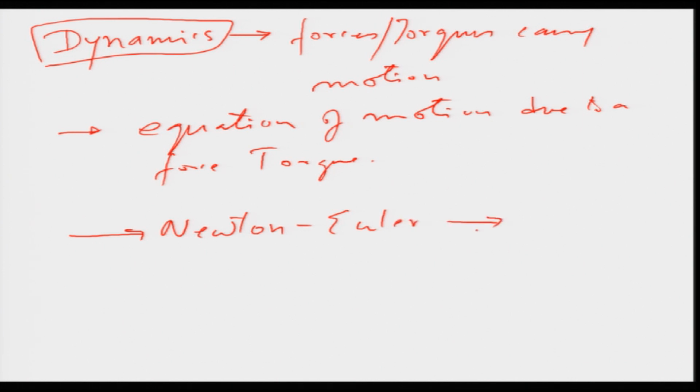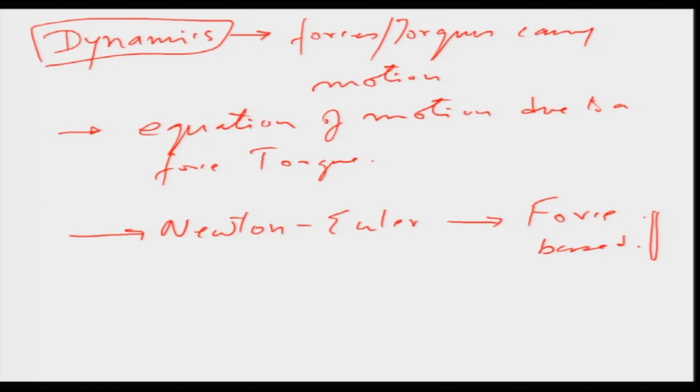Now, the Newton-Euler method is basically a force based method. So, we use Newton's laws of motion, force is mass into acceleration, and move in the outward direction and the inward direction. What I basically mean is I see what are the forces acting at the joints. If I have an end effector force, the forces are going to move backwards and the velocities are going to move outward. So, there are 2 loops, which we call the outward loop and the inward loop, and they are used to compute the forces.